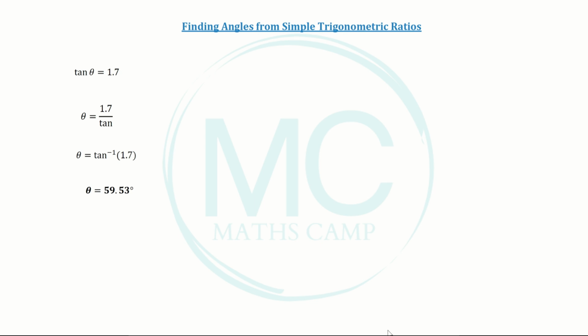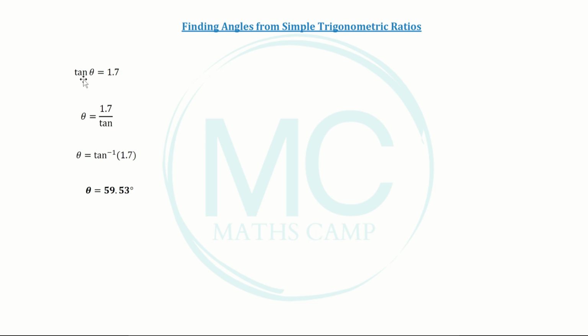Now, in our past few examples, we have said theta is equal to a value over our ratio, be it tan, sine, or cos. And this is simply for explanation purposes. You do not have to do this when answering questions.